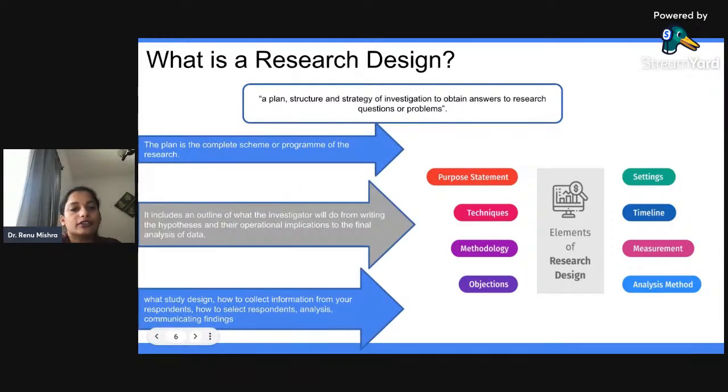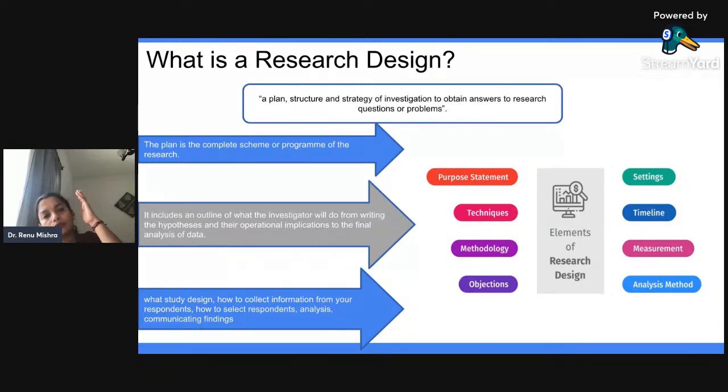Further, your research design basically tells you a complete program. It tells you what exactly will be the final outcome of your research, a tentative one, and how you're going to collect the data, how you're going to select your respondents, how you're going to analyze your data. In a nutshell, don't worry about the slides being blurry, just listen to what I'm saying.